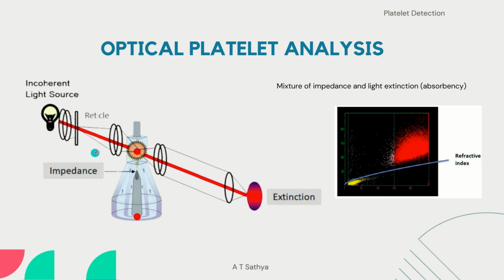So, it's just the combination of impedance and light absorbance method, as we saw before, flow cytometry. Optical methods utilize the light scattering to determine the platelet characteristics by measuring the volume, that is the resistivity, and refractive index. Optical analyzers differentiate platelets from other blood components with high precision.